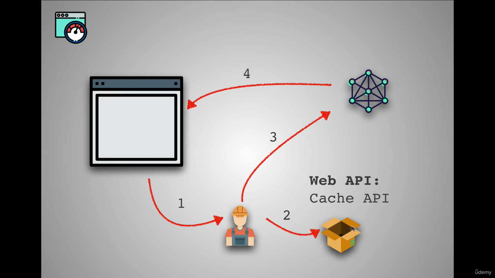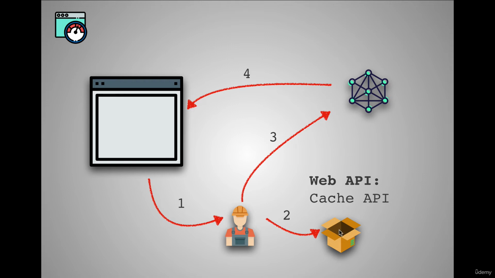It could be images. It could be anything you want. The worker tries to check the box and see, is whatever I'm requesting inside of this box? If the content is available, then the service worker is going to return the page. Regardless of the network activity, we're never requesting to the network.